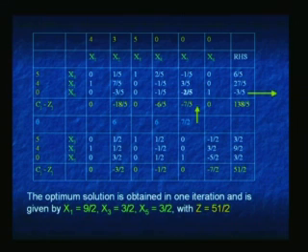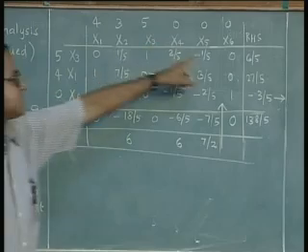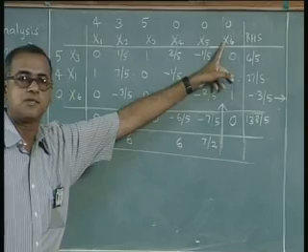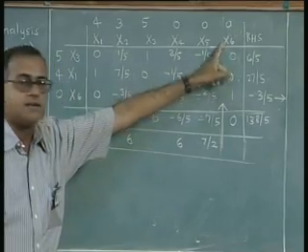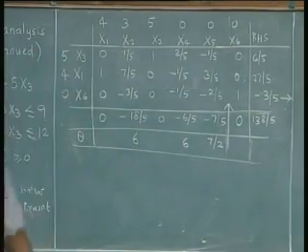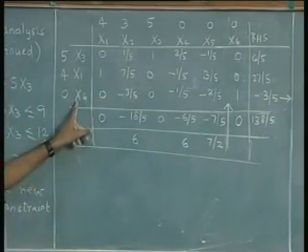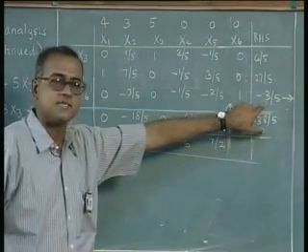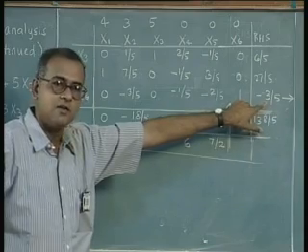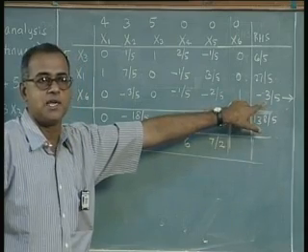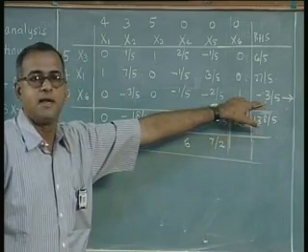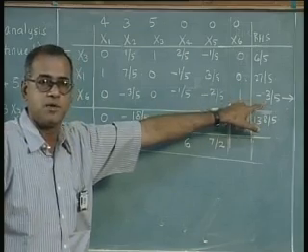This results in the introduction of a new row corresponding to the new constraint, as well as a new column corresponding to a slack variable associated with the new constraint. So we have one more row and one more column. The slack variable becomes a basic variable here, and the corresponding right hand side is negative, which indicates that the newly added constraint is violated by the present optimal solution.